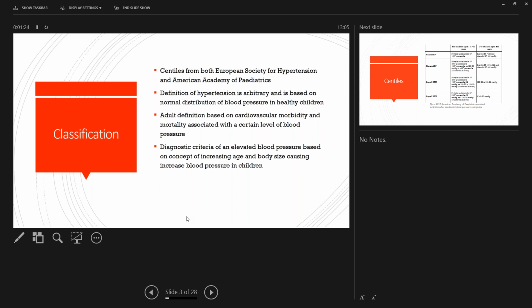It's based on normal distribution of blood pressure in healthy children, whereas adult definition of high blood pressure is very much based on cardiovascular morbidity, mortality, and this associated with certain level of blood pressure. So diagnostic criteria for an elevated blood pressure is based on the concept of increasing age and body size of children. So you'll find a lot of children, naturally, they'll have an increase in their blood pressure when they reach their stages of puberty.